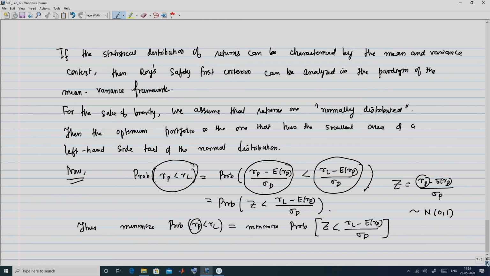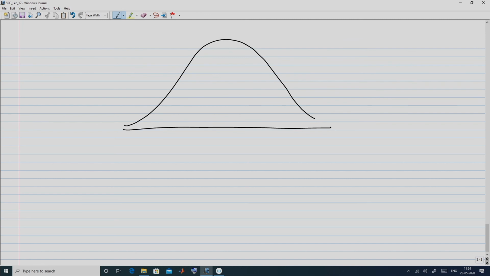All right. So, let us see this graphically. How is this going to look? So, I have this normal distribution, and this is 0, and on the x axis we have (R_L minus E[R_p]) over sigma_p. So, this is my random variable.